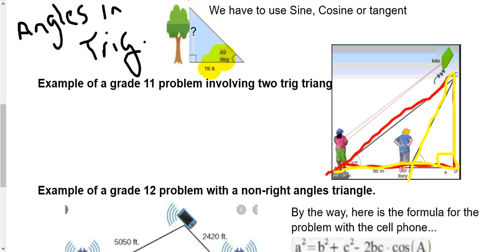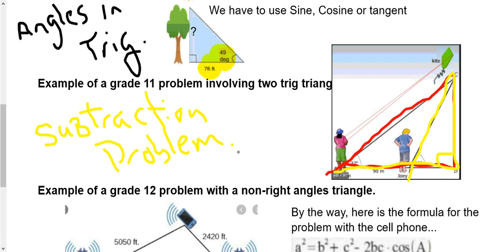And then they've got different angles, and then it's, hint, hint, it's a big subtraction problem. But don't worry, by the time you get there, you'll be so good at trig that grade 11 stuff is just one more little trick.